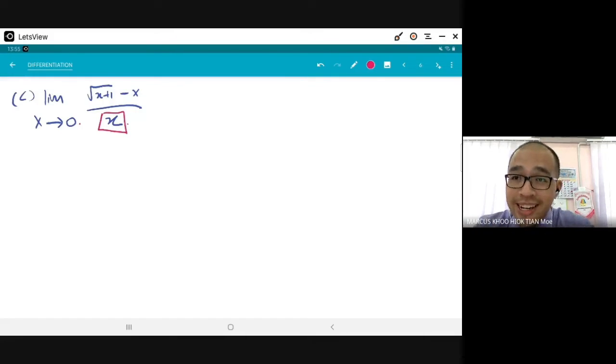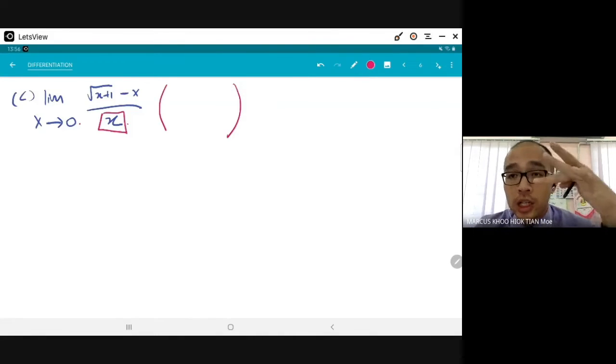How do we rationalize it? I don't know if you remember this, but we learned this in cert last year. We have to multiply with the top or bottom, depending on the situation. But we have to change the symbol.